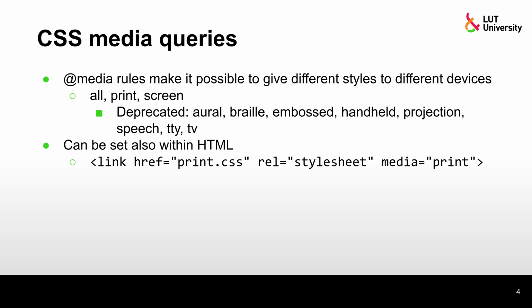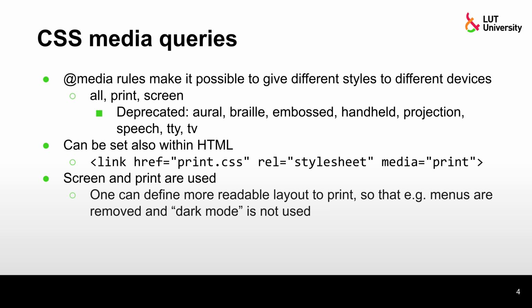So if we are printing our web page, we can set that the media is print, and then let's use this print.css file. So screen and print are used, and we can define a more readable layout for print so that menus are removed and dark mode is not used.